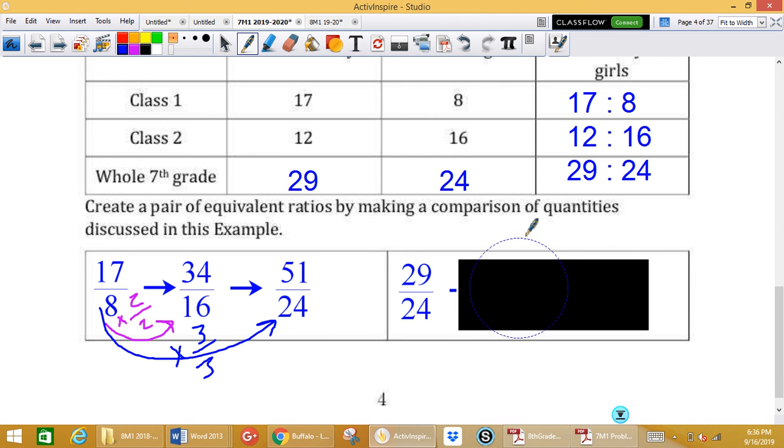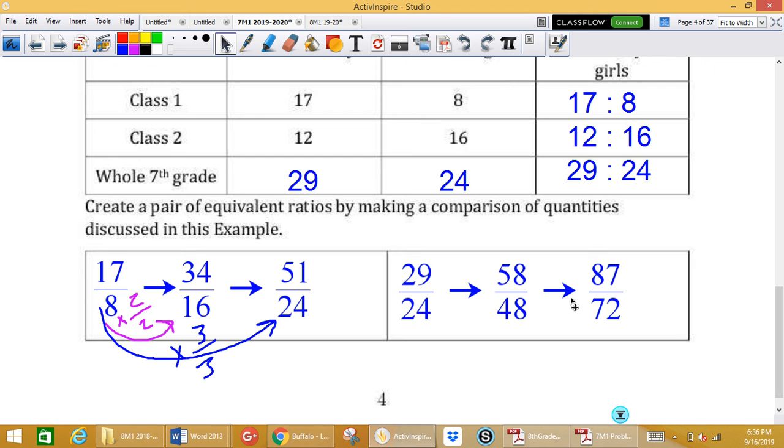I'm going to do the same thing with the whole 7th grade, 29 to 24. So if I multiply it by 2 over 2, I get 58 over 48. And then if I go from the first one and multiply by 3 over 3, I get 87 over 72.